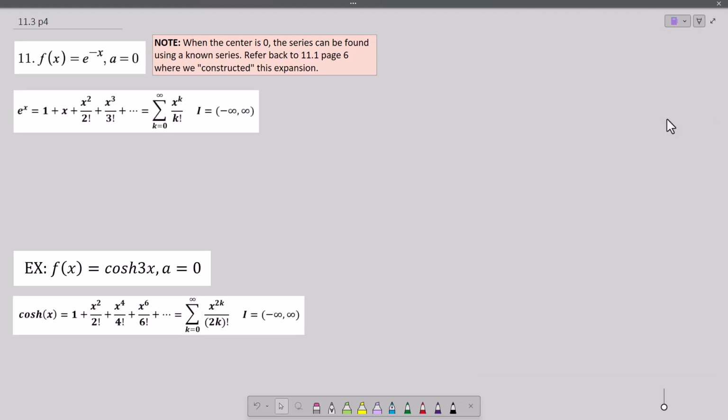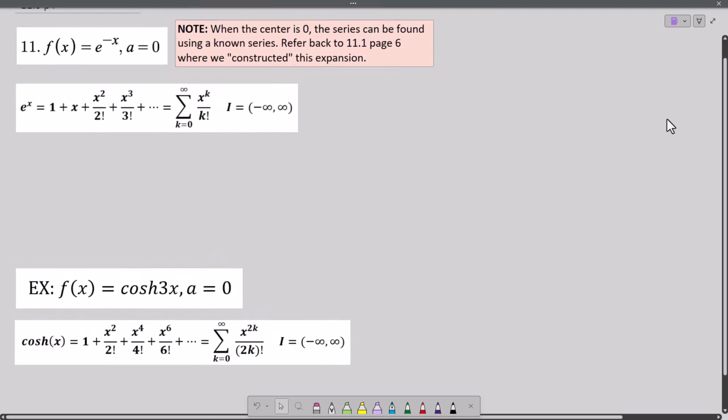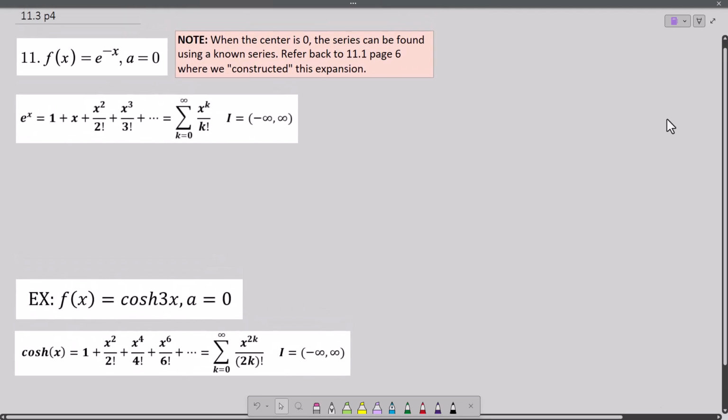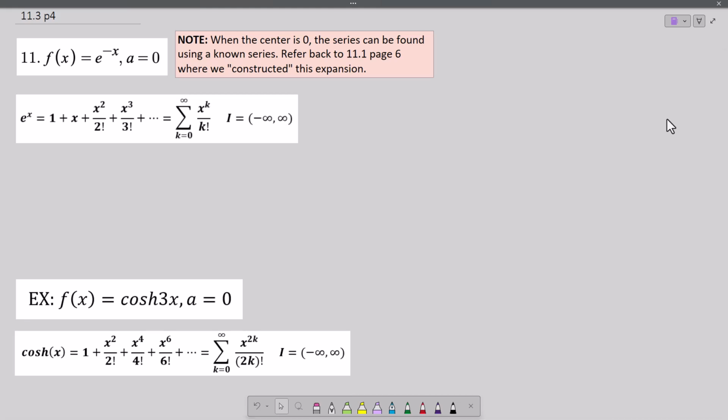Now, these two are Maclaurin series. And we have already done these. This was the very first one we did, e to the negative x. You can construct the power series for it for sure from scratch. But if you know the power series for e to the x, which is going to be one of our basic ones that you should absolutely have memorized, to get to the power series for e to the negative x, what do we replace the x with here?